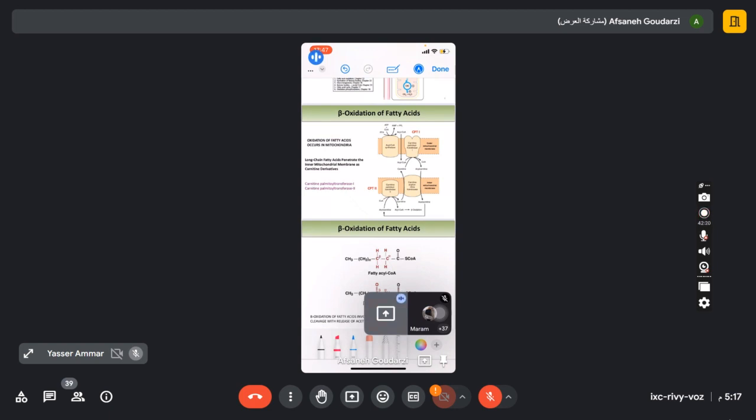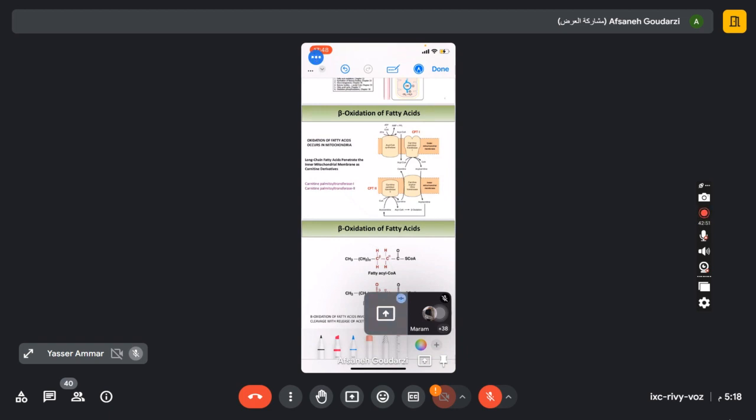But beta oxidation of fatty acid occurs in the matrix of mitochondria. Therefore, we need to reach the fatty acid inside the matrix of mitochondria. But there is one problem. The problem is that the inner membrane of the mitochondria is not permeable to all fatty acids.